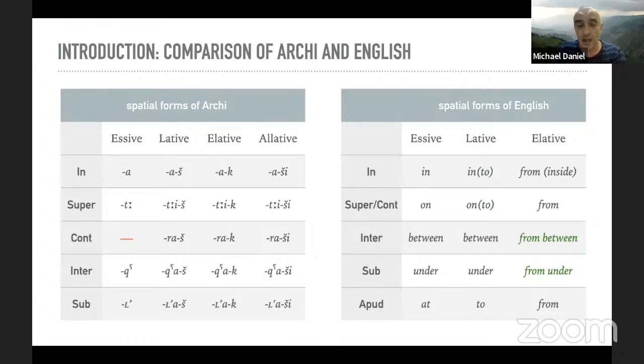Okay. But we still have this maybe illusion or belief that East Caucasian languages are more regular than many other languages, than the languages we're used to, at least, in terms of this kind of expression or co-expression, or not co-expression actually, of localization and orientation and directionality markers.